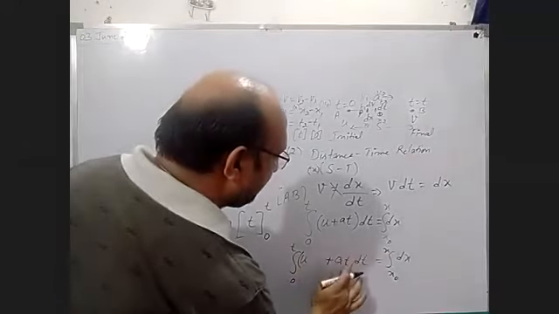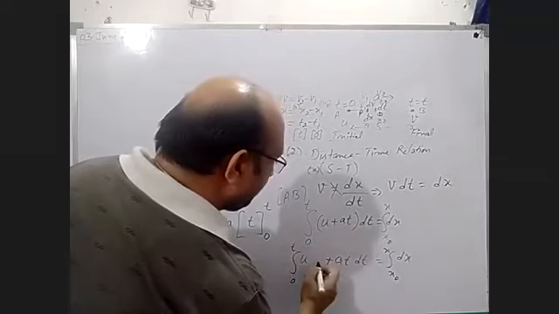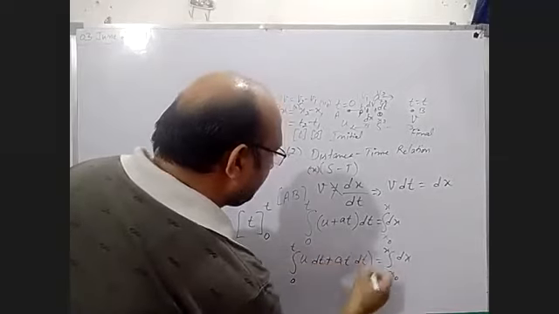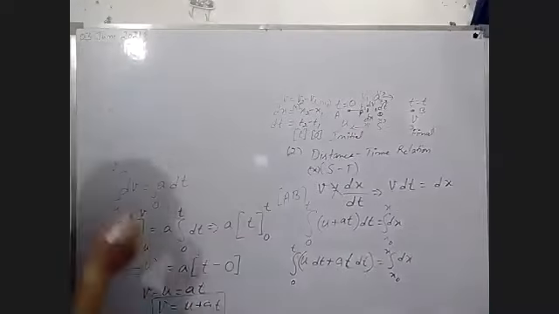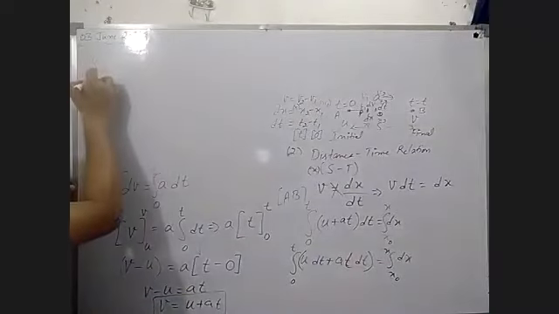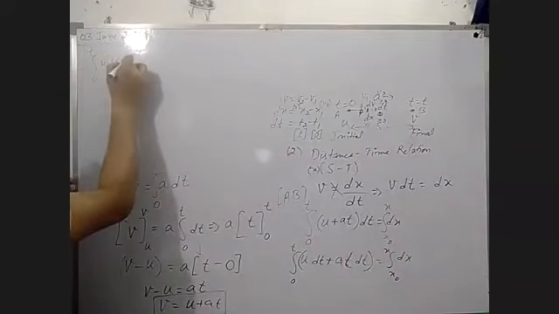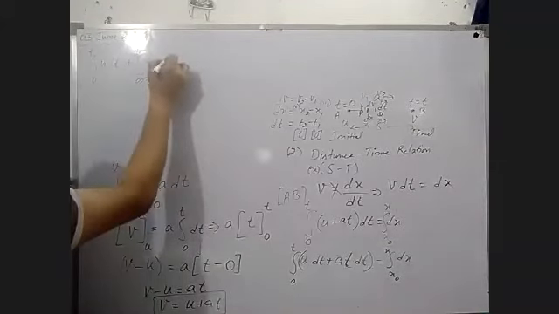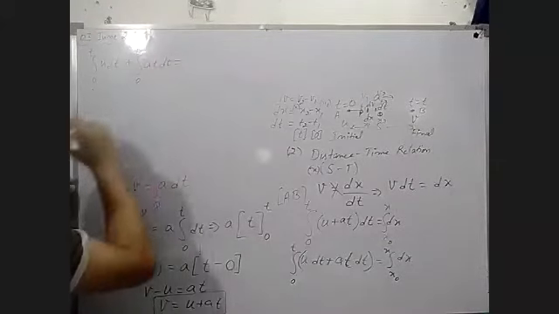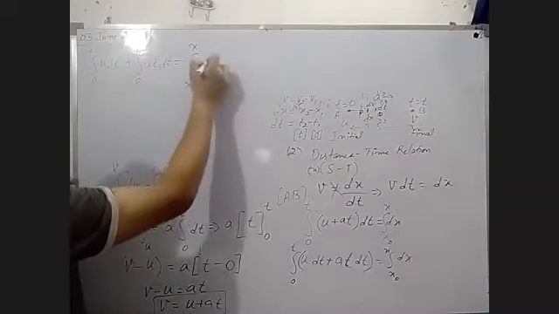Okay, this was wrong. Now I am opening this bracket. We can write integration 0 to t u dt plus integration 0 to t at dt is equal to integration x0 to x dx.